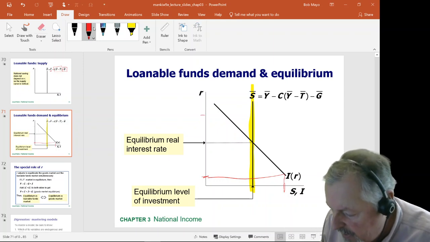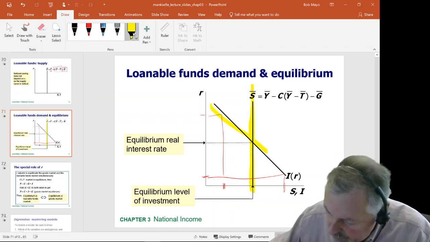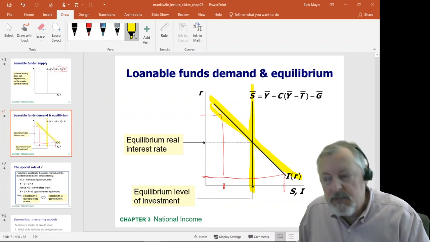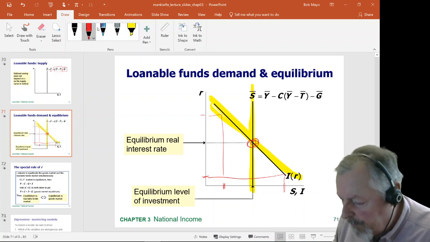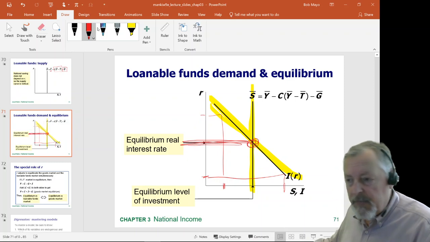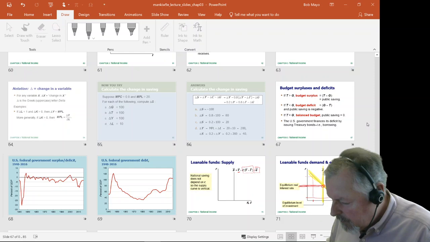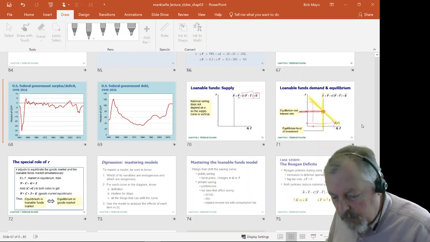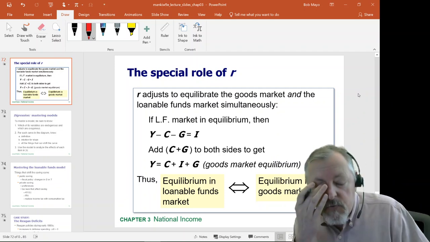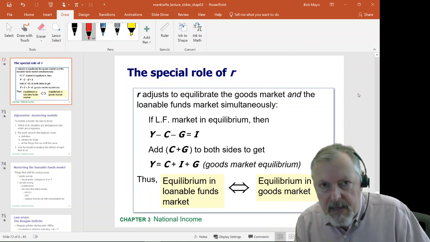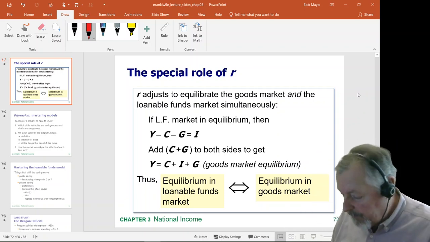If the interest rate is high, people will want to borrow and invest very little. So we now have a very simple supply curve and a demand curve and equilibrium. That is the equilibrium interest rate. So from this perspective, the interest rate is to bring the supply and demand in the market for loanable funds into equilibrium.